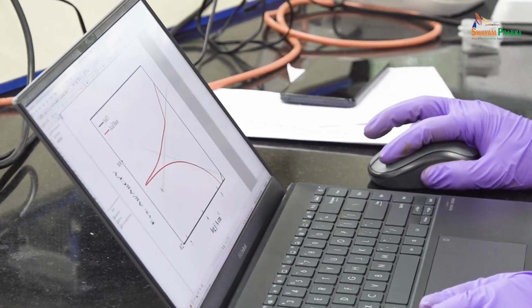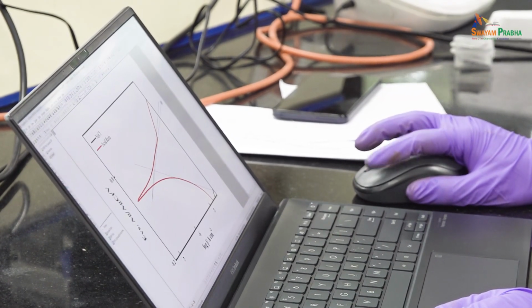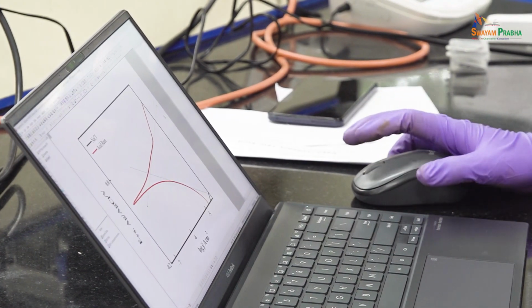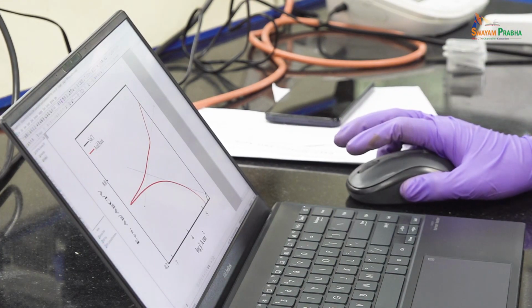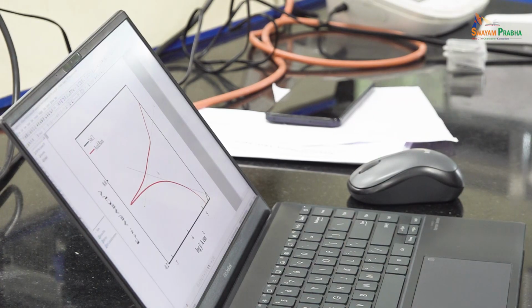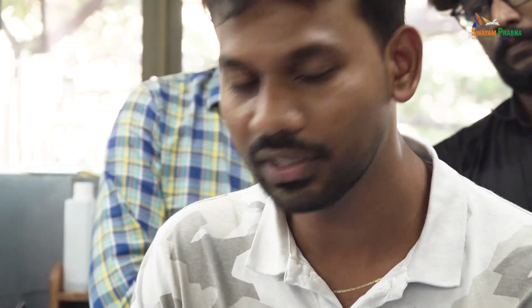So I am just drawing a line roughly; while doing it, we will do it more precisely. This is how we will draw tangents, just 50 millivolts above the ECOR and 50 millivolts below the ECOR, so that the intersection will give us the ICOR value.